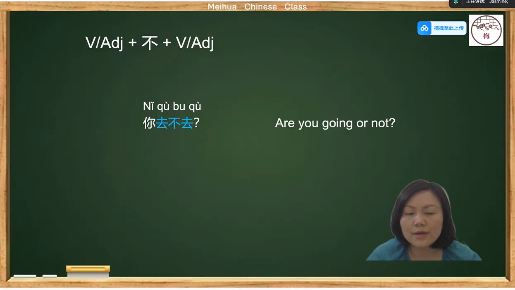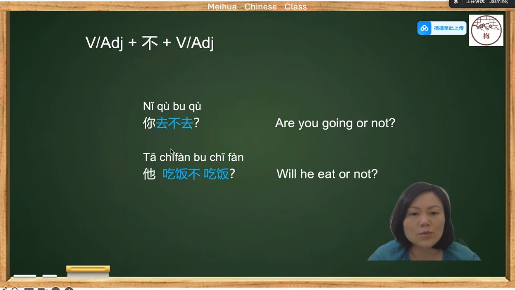Remember, these two verbs are the same. Actually, they are a duplication. So in Chinese, we say 你去不去? Which means, are you going or not? So this is for the verb.